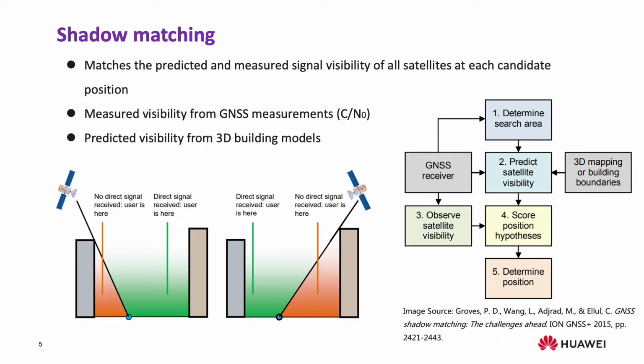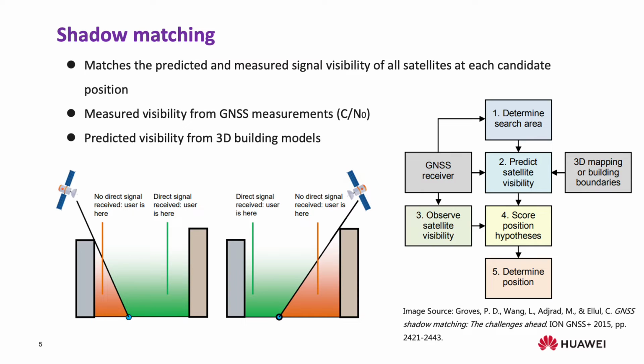The first aspect is the satellite signal visibility measured from the GNSS raw measurements, such as signal-to-noise ratio values in most publications. The second is the satellite visibility predicted from the 3D building models: whether the signal will be directly visible from the satellite to the position candidate of the search area.